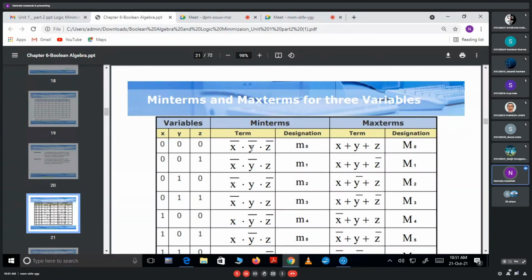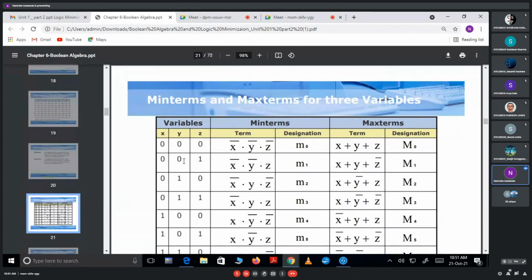In each term, wherever 1 is there, the variable is written in uncomplemented form, and wherever 0 is there, it is written in complemented form.